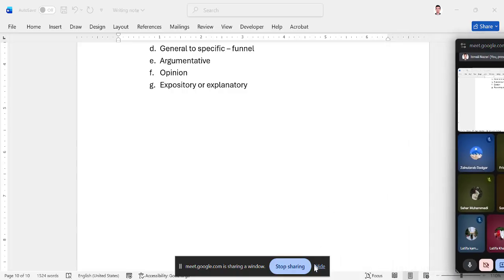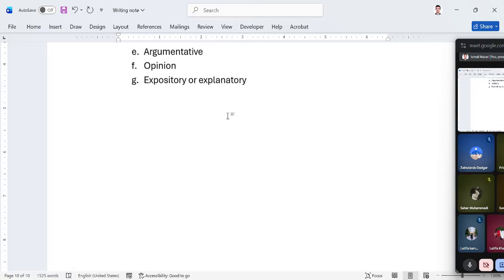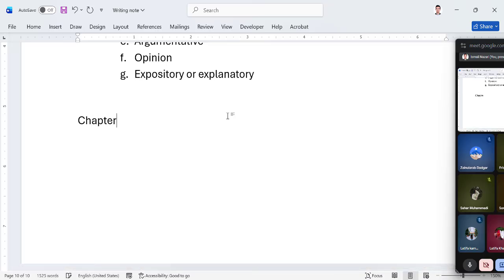The essay structure, parts of an essay, and the introductory paragraph, the kinds of introductory paragraphs, then we'll discuss that one. The parts of an introductory paragraph. So in chapter 3 of the book, let me outline it.